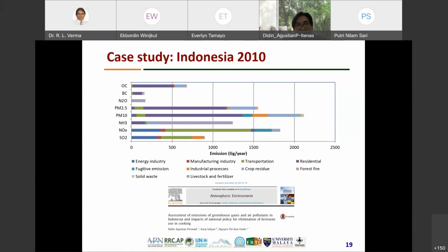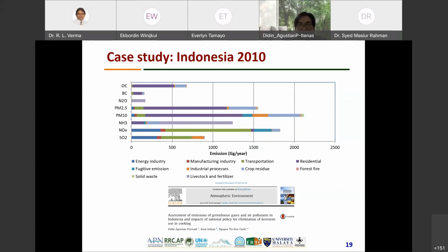This is one example of a case study for emission inventory in Indonesia for the year 2010, and we have published this work in Atmospheric Environment. We would like to assess the emissions of air pollutants and greenhouse gases in Indonesia, and then the impacts of the national policy for elimination of kerosene use in cooking.